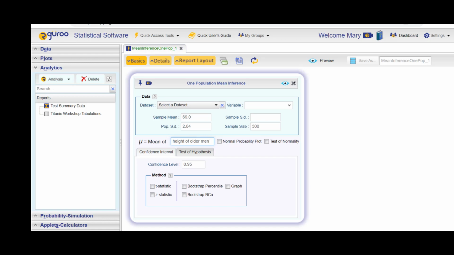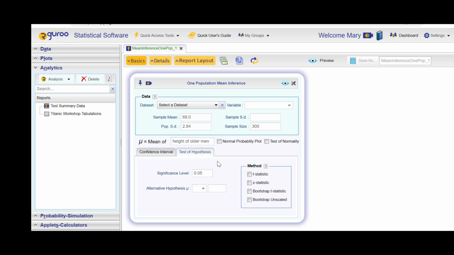And then clicking on test hypothesis, we want a significance level of 0.05, and we're saying that we believe that it is less than 69.4 for the alternate statement, and we're going to click Z statistic.